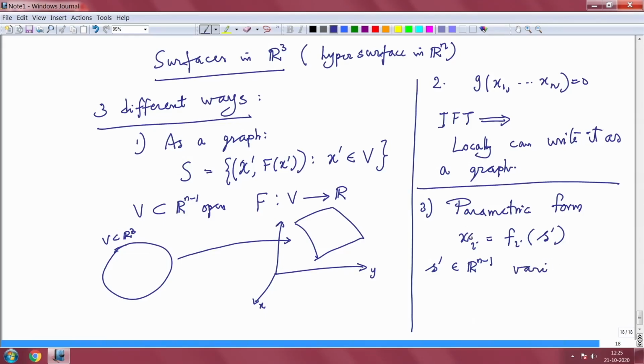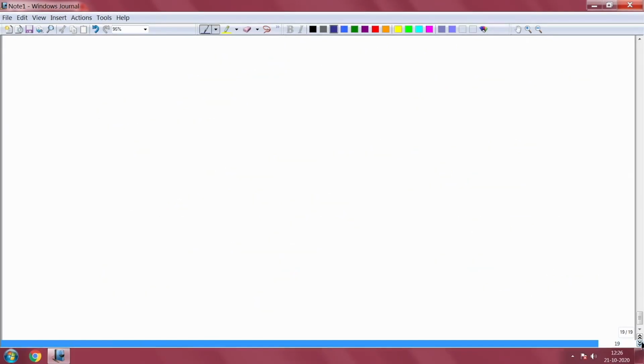So, x prime is viewed as s prime varies in some set in Rn minus 1. All right.